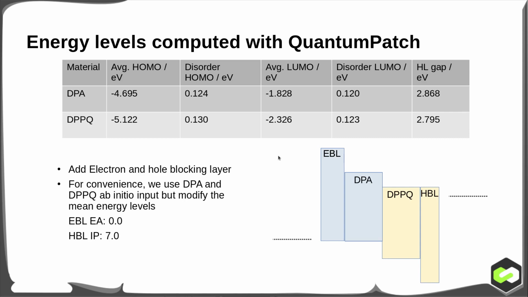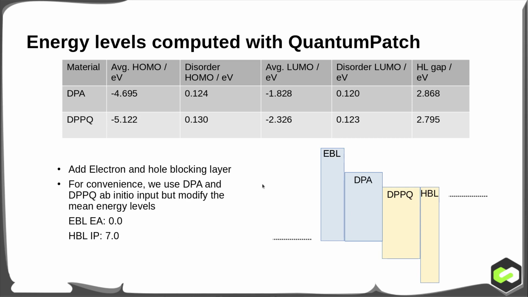In order to do it exactly like this, we require the knowledge about the DPPQ LUMO and the DPA HOMO, which are a result of the QuantumPatch calculation within the workflow.